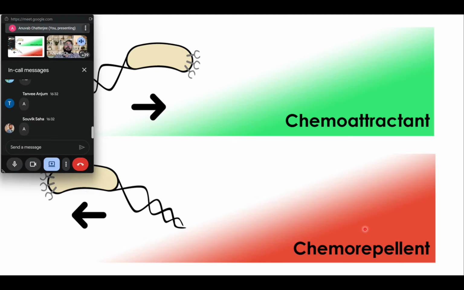Say the bacteria senses something toxic, such as an antibiotic which it is not resistant to, or a chemical resource which it does not like. In that case, it will move away from the chemical gradient. So that is called chemorepulsion. So chemoattraction and chemorepulsion, both of them together, we call chemotaxis.